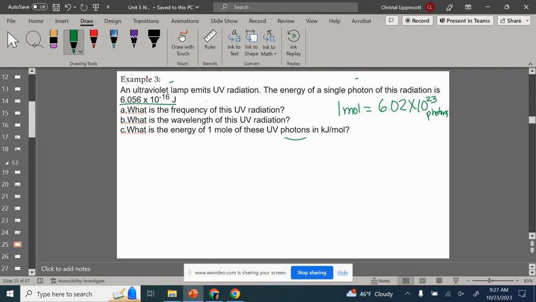All right. So I'm going to start out with my joules here. We are practicing our dimensional analysis. 6.056 times 10 to the minus 16 joules. I just rewrote down the quantity that they gave me.